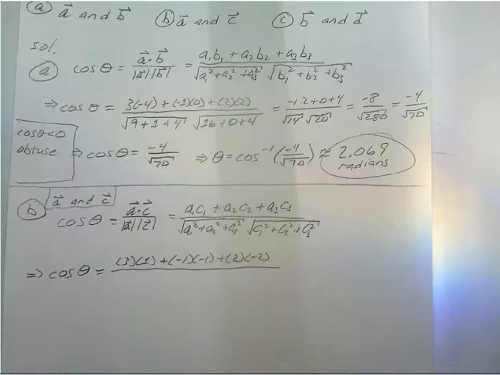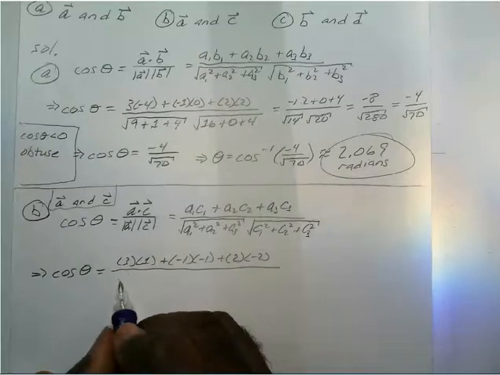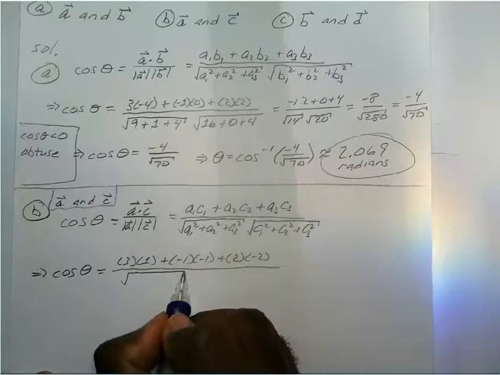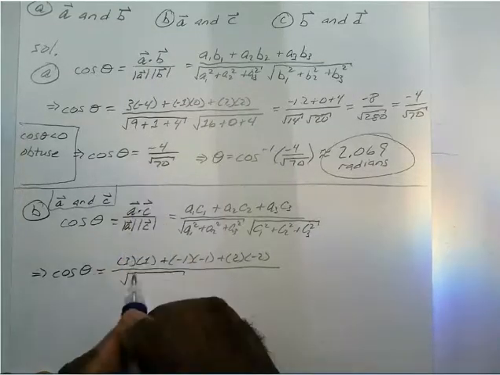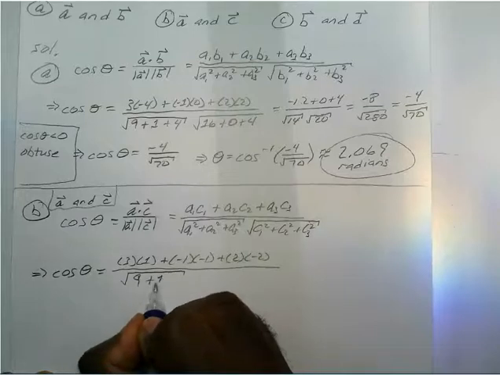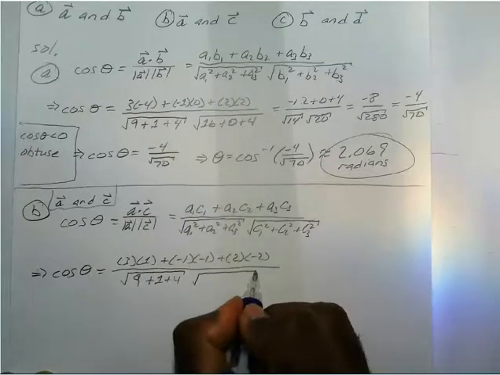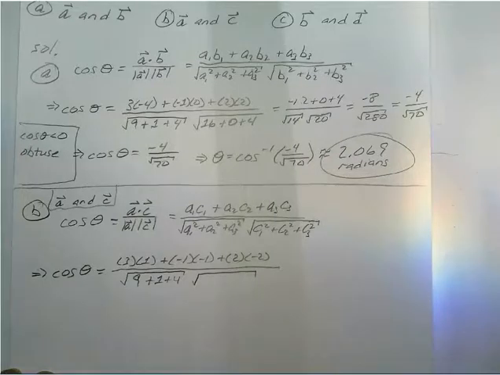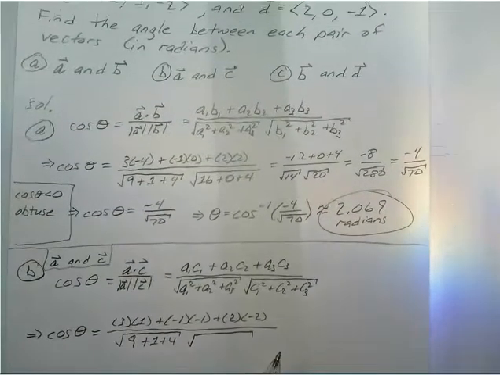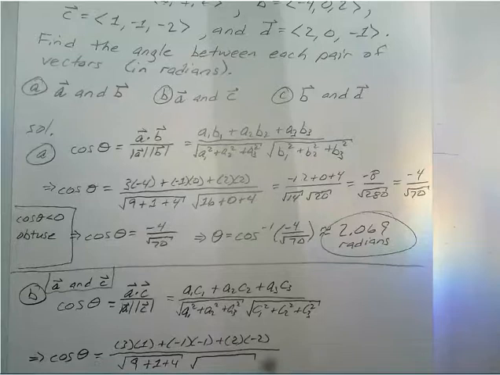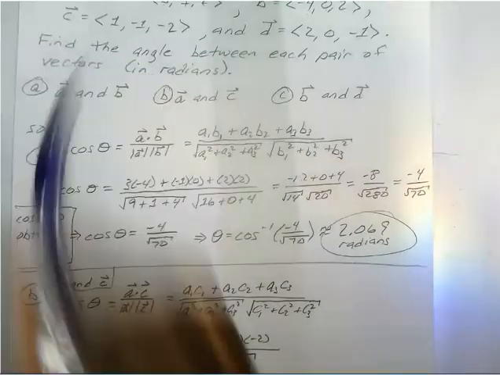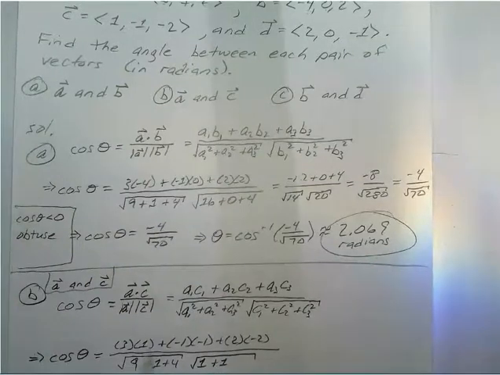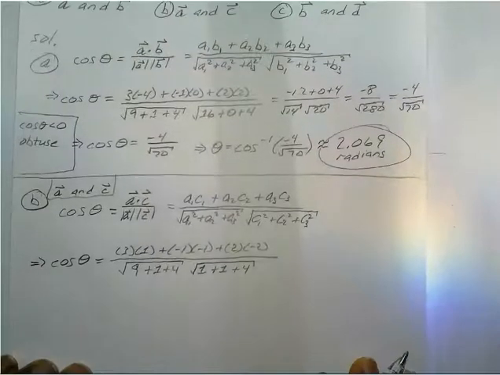divided by, now we find the magnitude of those vectors. The magnitude of A, we actually did that one up here, but still 9 plus 1 plus 4, times the magnitude of your C vector. Okay, so you see that for C, 1 squared is 1, -1 squared is 1, and -2 squared is 4.